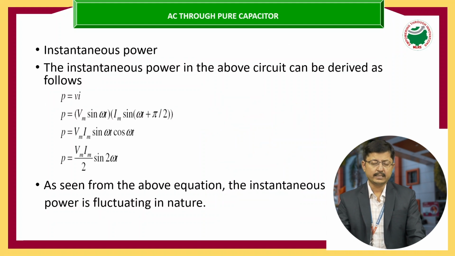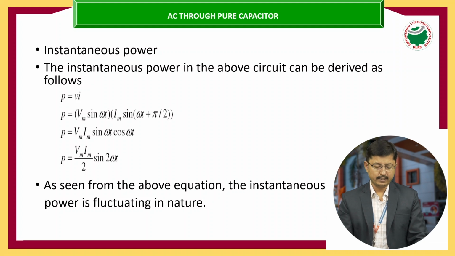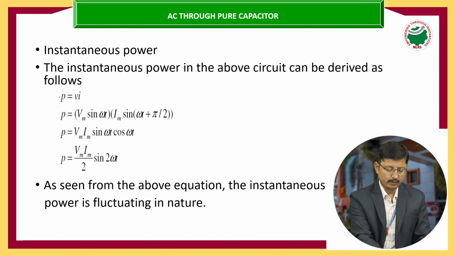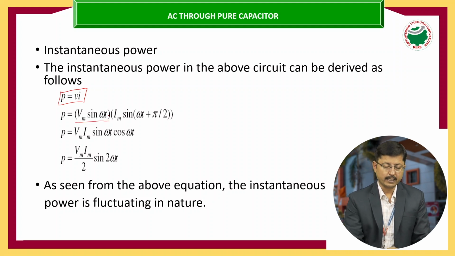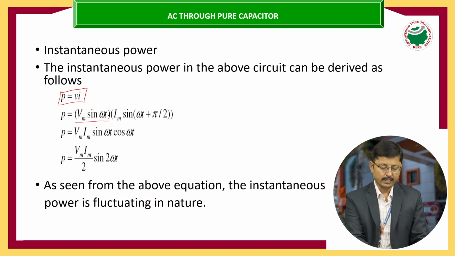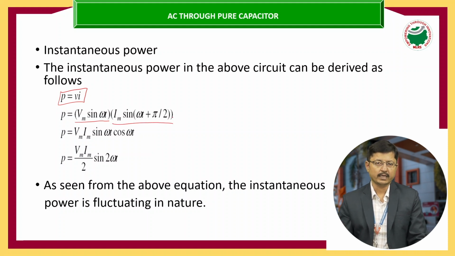Now let us see the instantaneous power. As in the inductor case, the instantaneous power is the product of voltage and current. The voltage is Vm sin omega t, and the current expression we derived in the second equation is Im sin(omega t plus pi by 2).